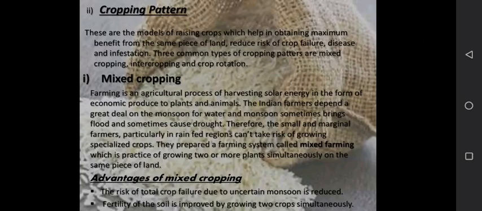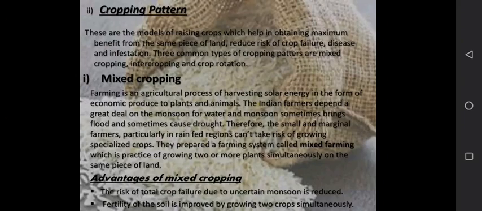Therefore, the small and marginal farmers, particularly in rain-fed regions, can't take the risk of growing a specialized crop or only one crop. So they prepared a farming system called mixed farming, which is the practice of growing two or more crops simultaneously on the same piece of land.